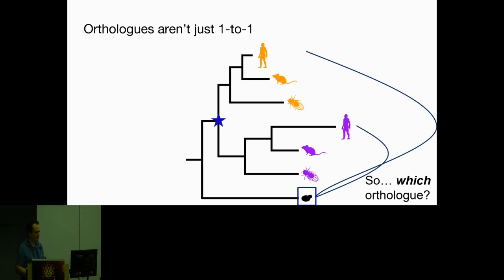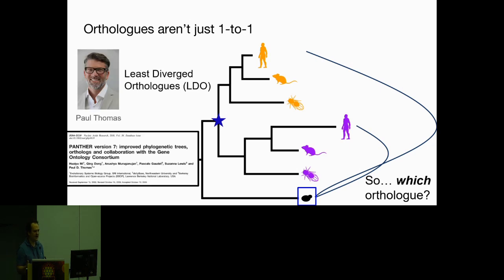One of the concepts that is useful for this was developed back in, I think, 2010, so quite a while ago, in the Panther database developed by Paul Thomas's group. This is the concept of least diverged orthologs. In terms of a gene tree, this looks post-duplication event.